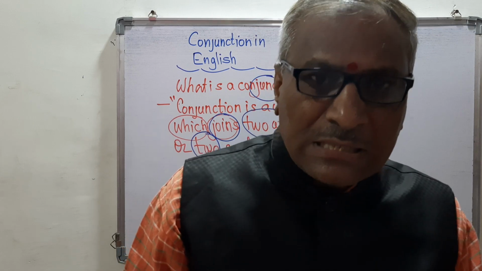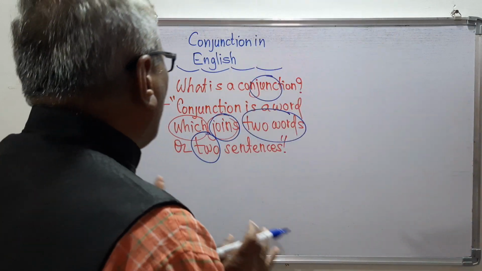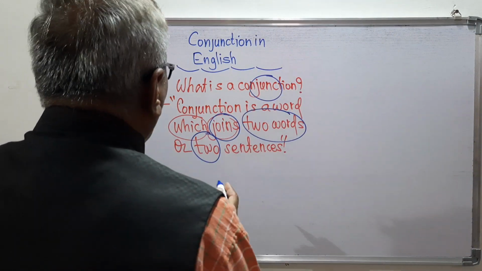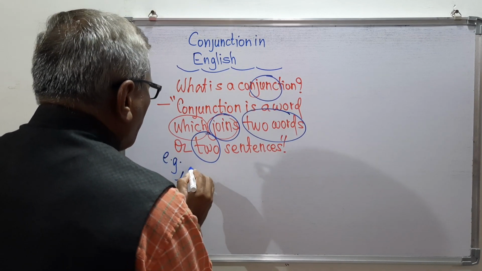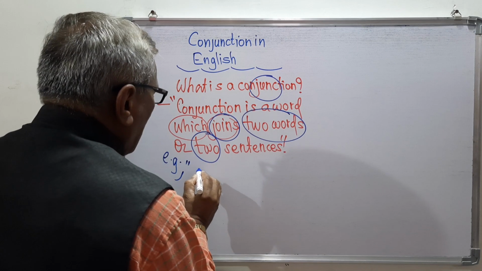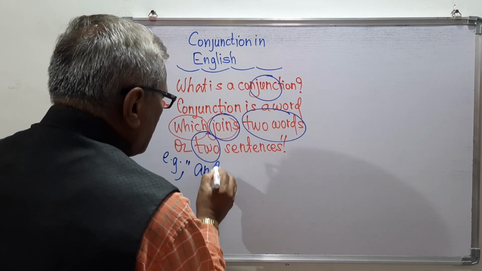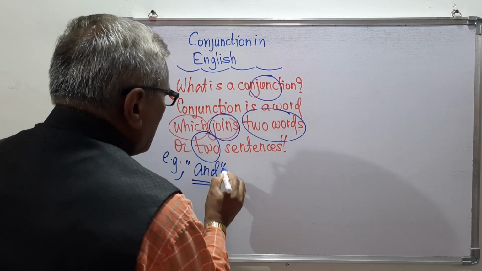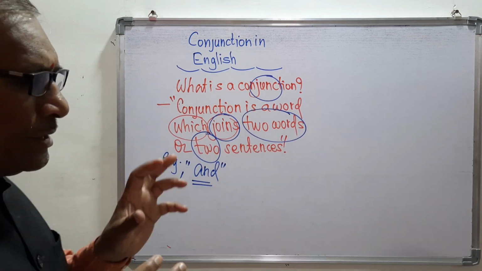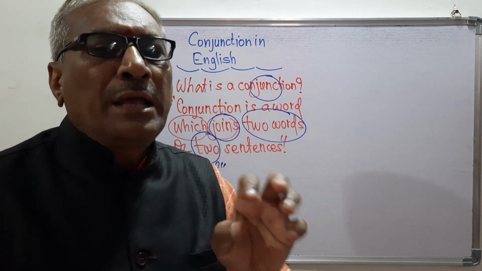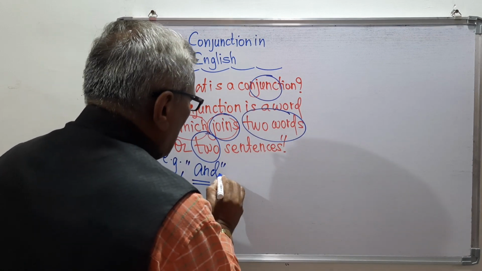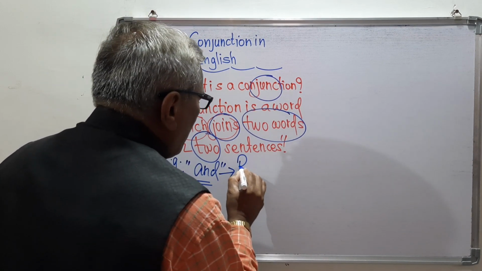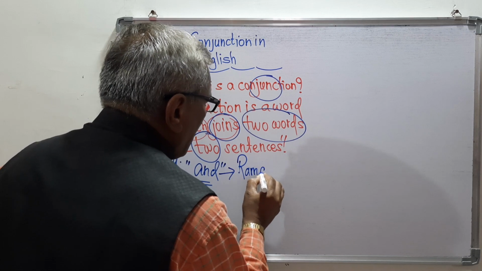Here we will see the examples. For example, there is the conjunction 'and'. This 'and' is the conjunction, and it will join two words. See, Ram and Sham.